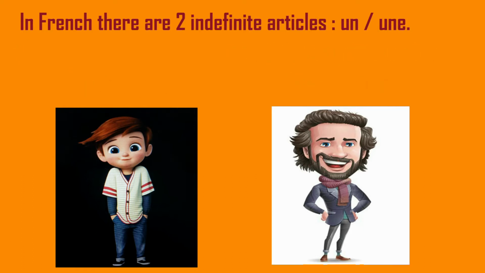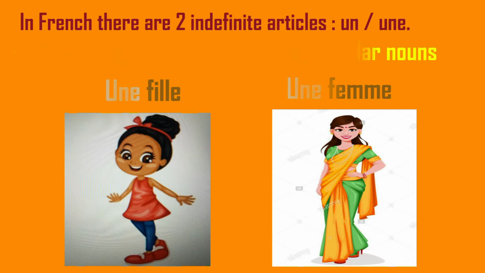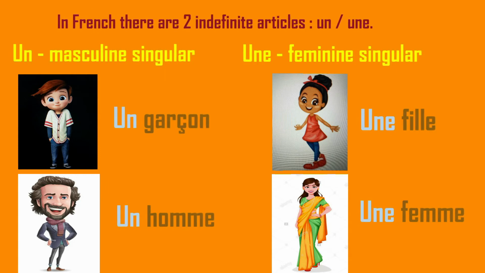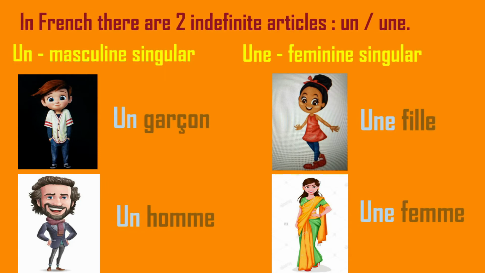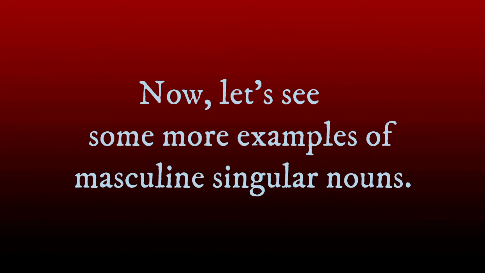For feminine singular nouns, we use une: une fille, a girl, une femme, a woman. Un is used for all masculine singular nouns. Une is used for all feminine singular nouns.